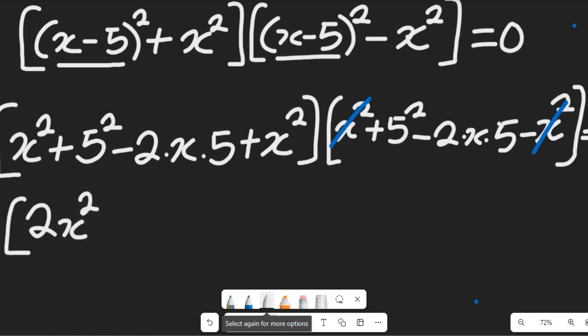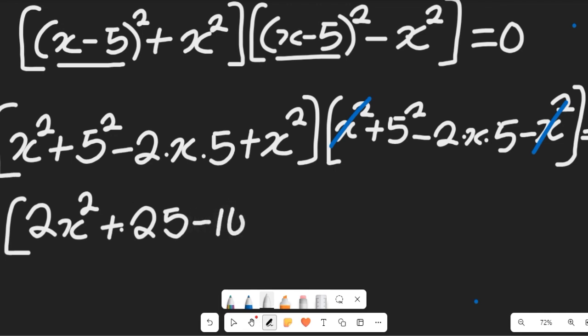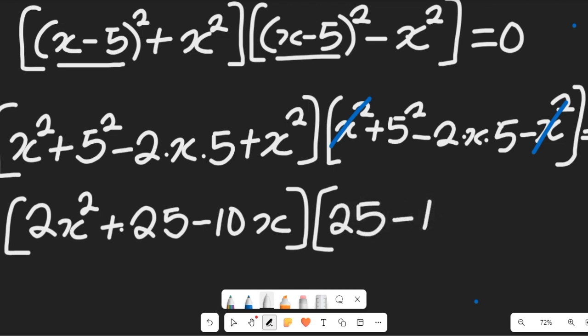And 5 squared is going to give us 25 plus 25, while this is going to give us minus 2 times 5 is 10x, and that is for here. Over here, we'll have 25 minus 10x, and all these will be equal to 0.